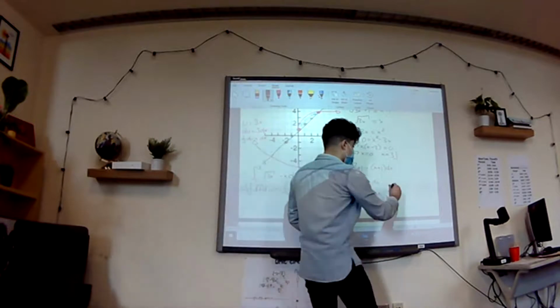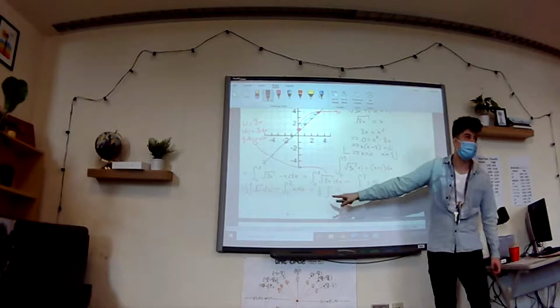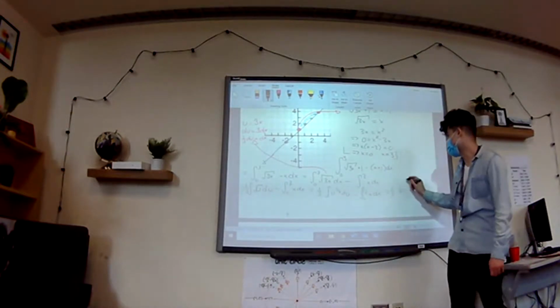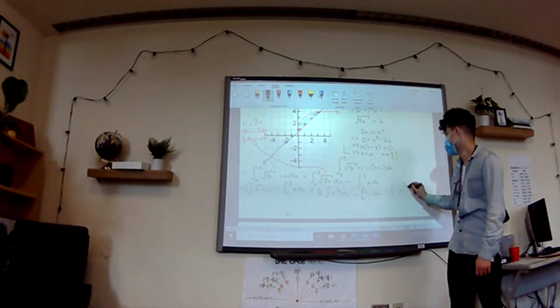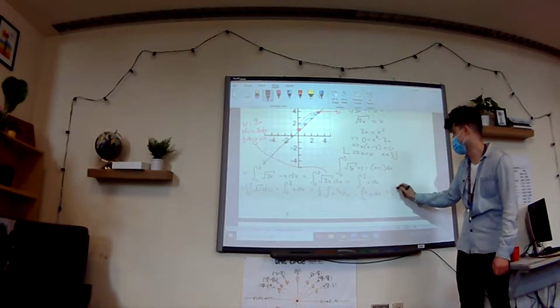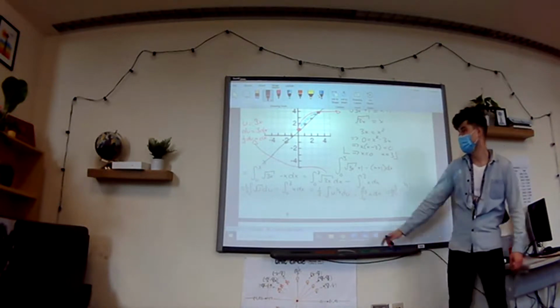I have 1/3 times the antiderivative of u to the 1/2. I add 1 to it, I get u to the 3/2. And then I divide by the new exponent of 3/2, or in other words, I multiply by 2/3. Okay, that's what I'm left with.